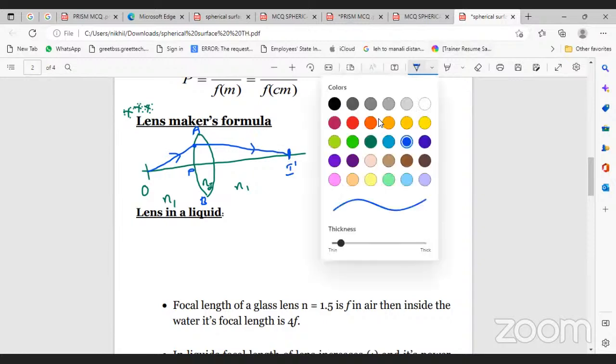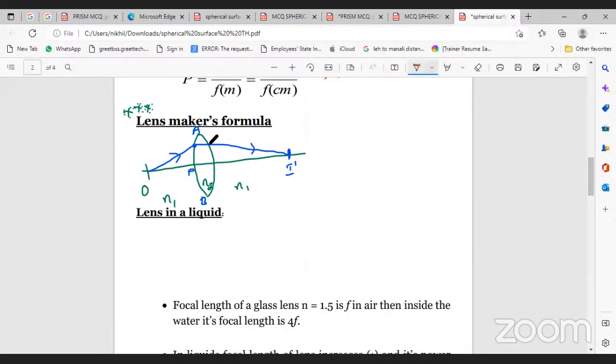Can we expect one more refraction? Yes, sir, because the lens is bounded by two spherical surfaces. So here once again I should get a refraction. What is this called?